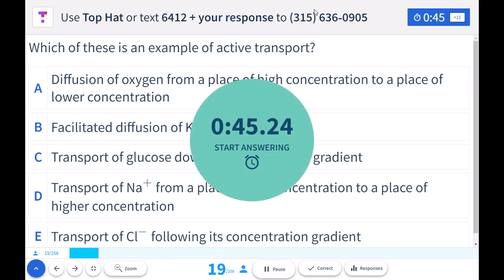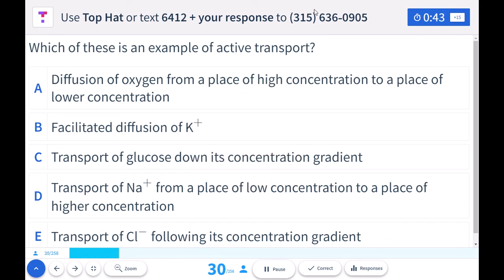We have transport of glucose down its concentration gradient. We have the transportation of sodium from an area of low concentration to an area of high concentration, or we can move chloride ions following or with its concentration gradient. Which one of these would be active transport requiring ATP?